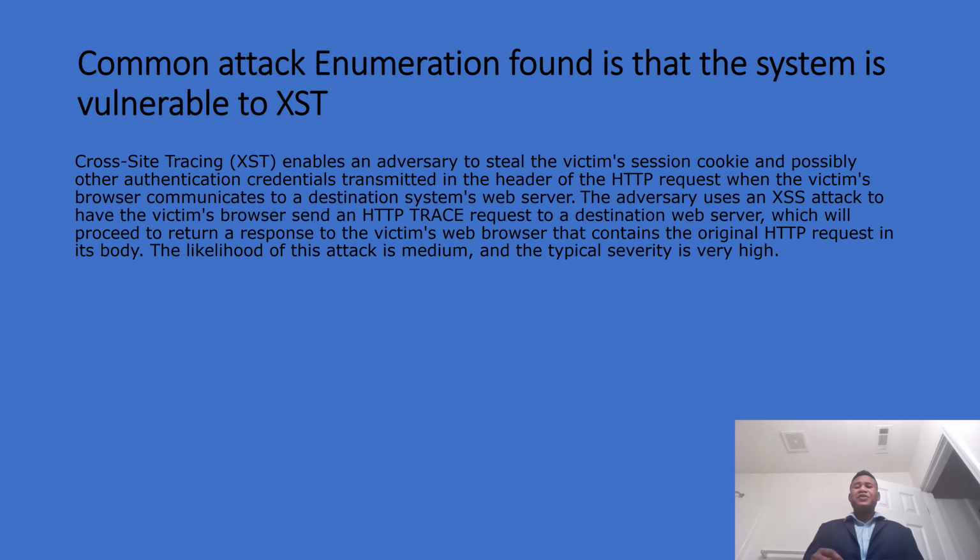The adversary uses an XST attack to have the victim's browser send an HTTP TRACE request to a destination web server, which will proceed to return a response to the victim's web browser that contains the original HTTP request in its body. The likelihood of the attack is medium and its typical severity is high.